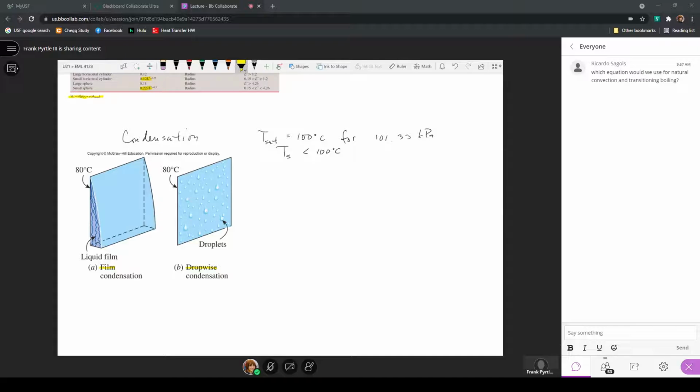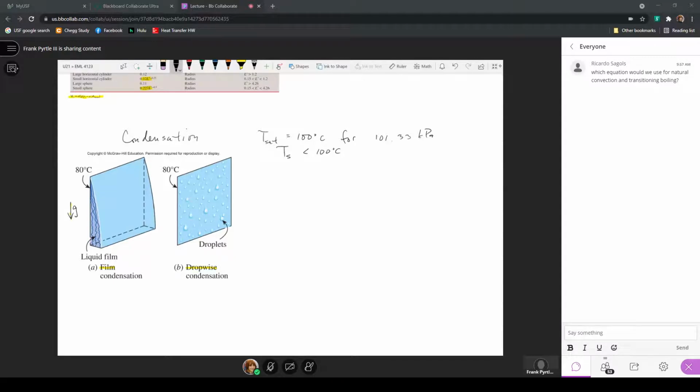And here, this is a liquid layer that is shown to be increasing in thickness as we move downward. Gravity is in the downward direction, so the liquid flows downward as the vapor is condensing on the surface.